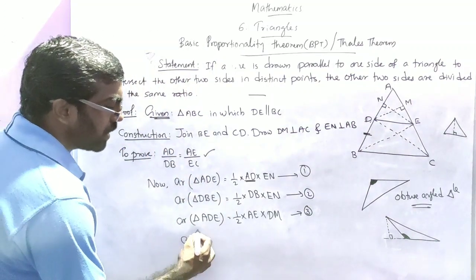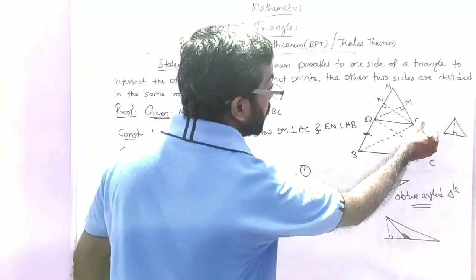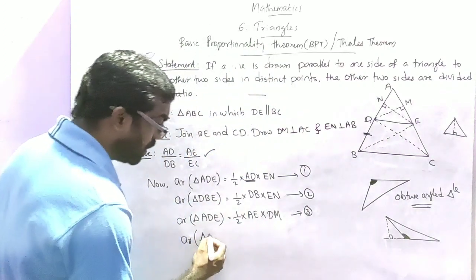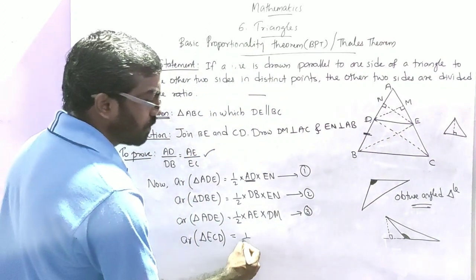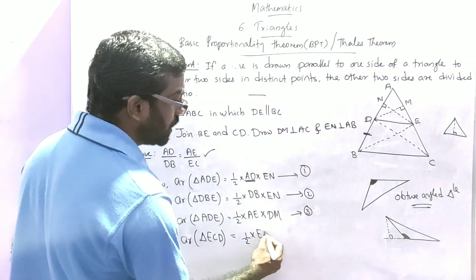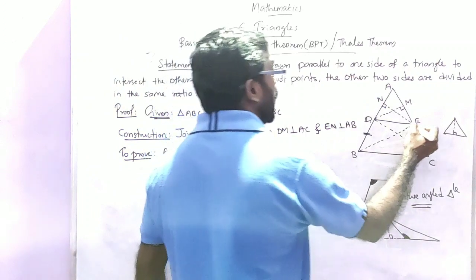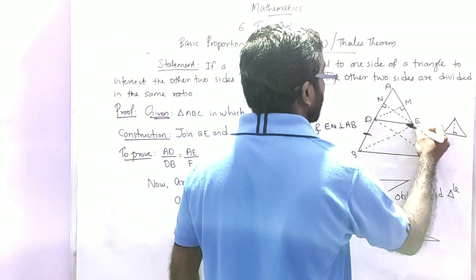And finally we write area of triangle with EC as the base, that is ECD. Triangle ECD will be equal to half into the base EC, and what will be the height? It is also an obtuse angle triangle. Here this angle is obtuse.